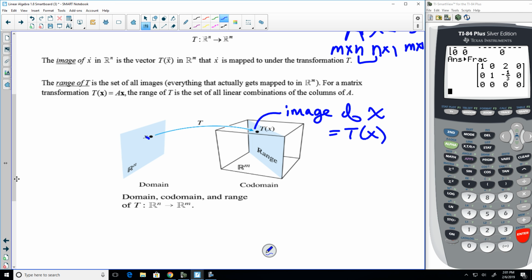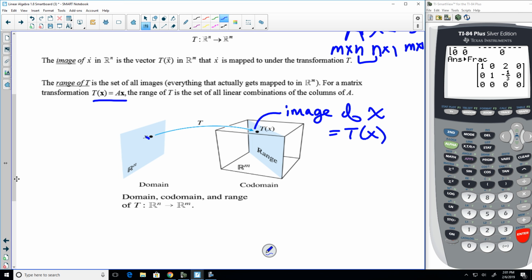For a matrix transformation, the range is the set of all linear combinations of the columns of A. So it's a span, right? If you're multiplying by matrix A and you plug in every single x from the domain, what do you do when you multiply a matrix times a vector?